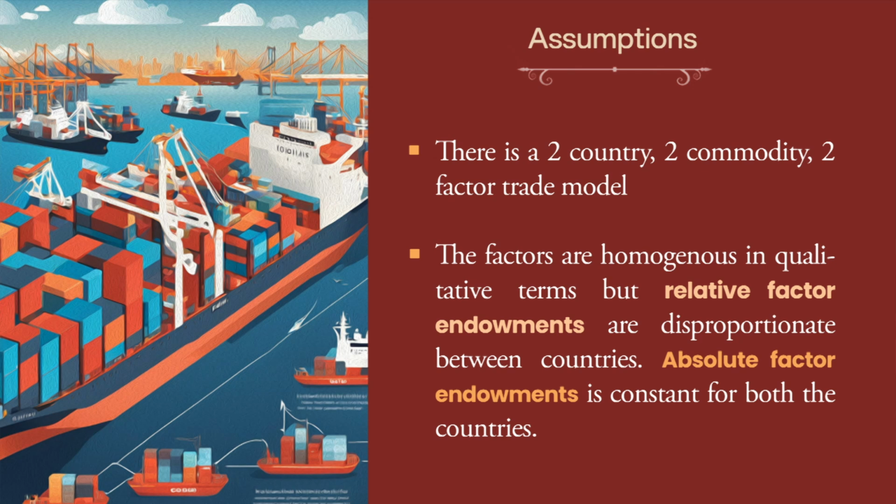Now, absolute factor abundance is constant for both the countries, that is the factors of production are available in fixed quantities, but the relative factor endowments between the countries are not equal. The factors of production are freely mobile within a country, but they are not mobile between countries. That is, the theory assumes that there is factor immobility between countries.